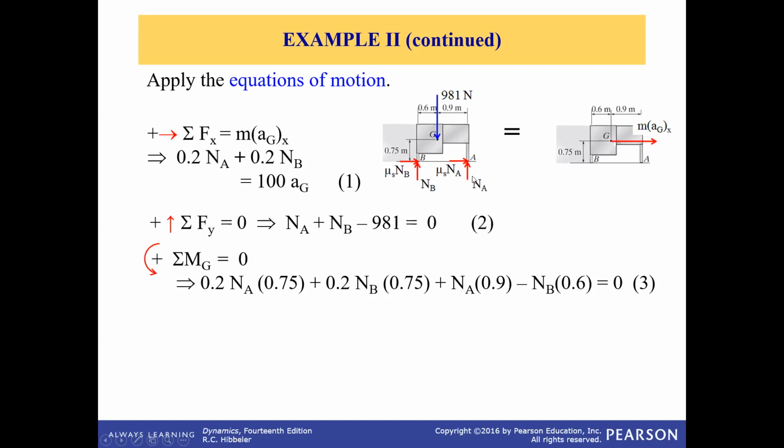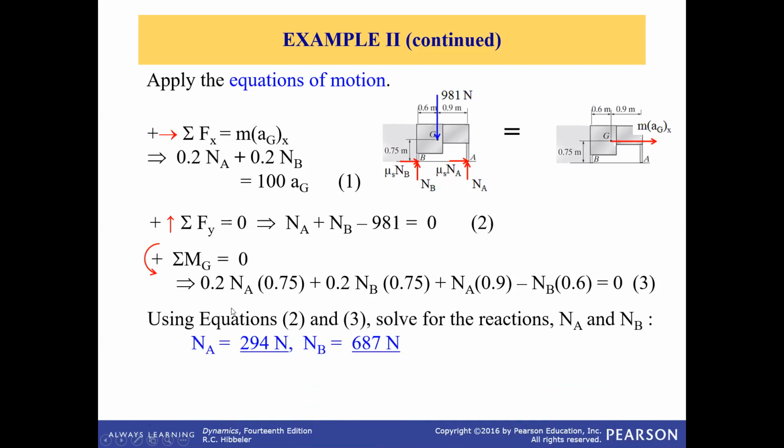Now plus NA times 0.9, the perpendicular distance to G, which makes it rotate counterclockwise, so it's positive. But NB will make it rotate clockwise, so minus NB times 0.6, and that goes to 0. So you have three equations with three unknowns set up now, and then you can solve for it.